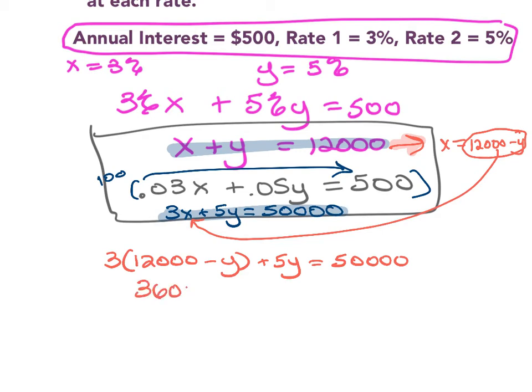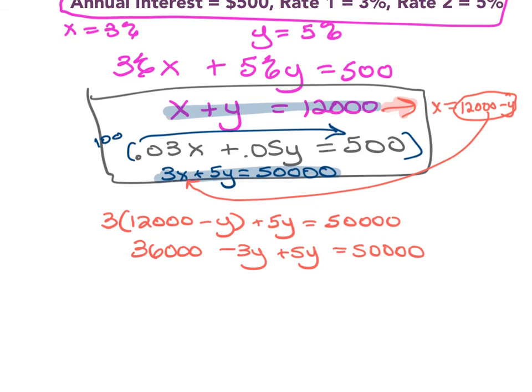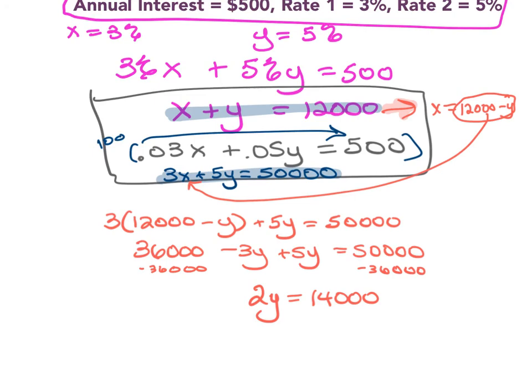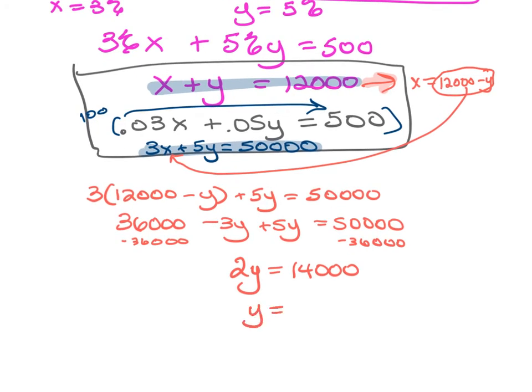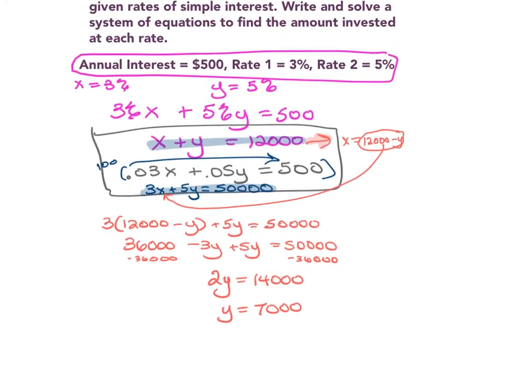Distribute that in. Combine like terms and then subtract. And I get 2y equals 14,000. Divide both sides by 2. And I get y equals 7,000.